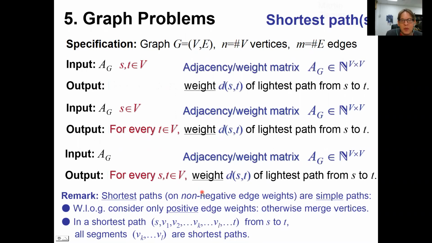That's an important property of shortest paths under the hypothesis that we only have positive edge weights. So that's already an example where the previous two hypotheses enter. And if they do, then they have this property that sub-segments of shortest paths are again shortest paths. And this is a property that underlies many of the algorithms that we have and will consider.